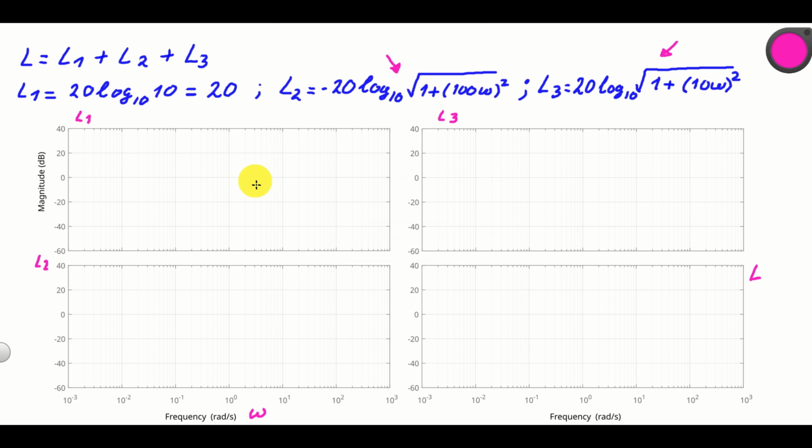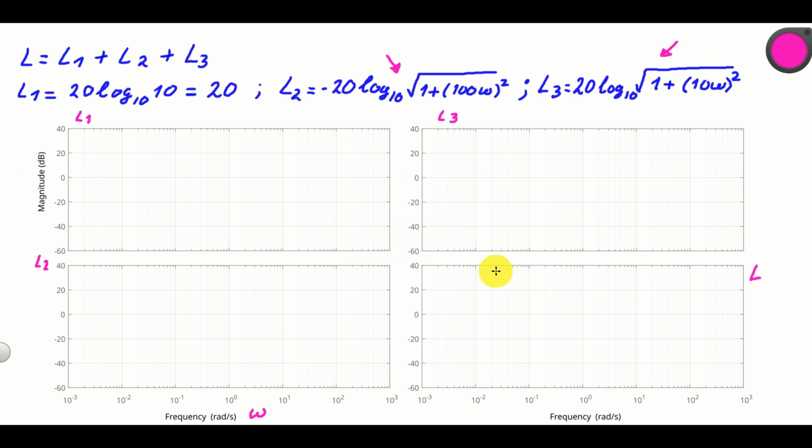Ideally, these graphs should be below each other. However, I cannot do it on this computer screen. If you're using pen and paper, you could nicely draw first the graph of L1, then below it the graph of L2, and then below the graph of L3, and then you will sum up everything, and below you will enter the graph of L.